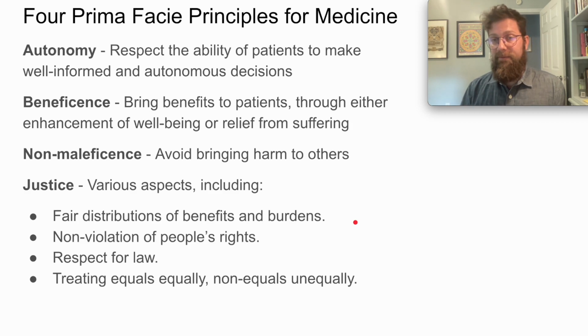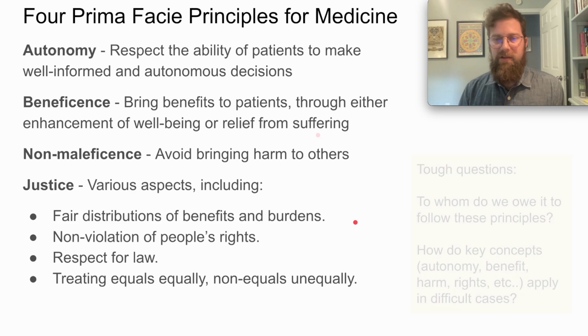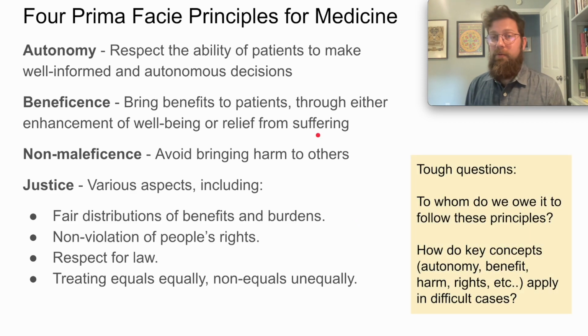But it's not as if this is a simple formula that tells us exactly what to do in every single situation. So we get these difficult questions about who we owe it to follow these principles. Gillen, in your reading, points out that oftentimes within a medical setting, the duty of beneficence is owed to perhaps all of your patients.